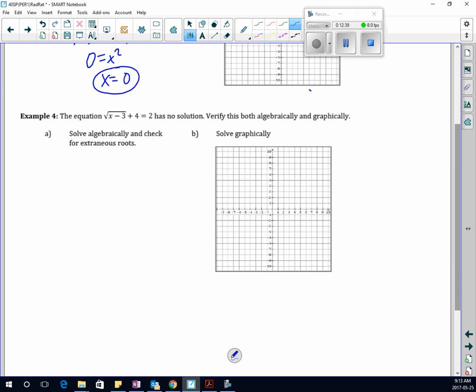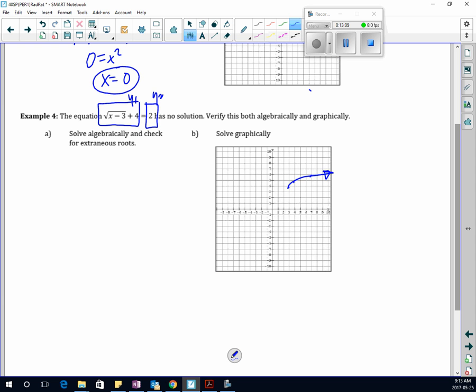So it's already actually telling us we have no solution. So we're going to graph this just for practice. Do you know how to graph square root of x minus 3 plus 4? It's right 3, up 4. 1, 2, 3, 4. And then you have a 1, 1, 4, 2, 1, 2, 3, 1, 2, 3, 4, 2. There.